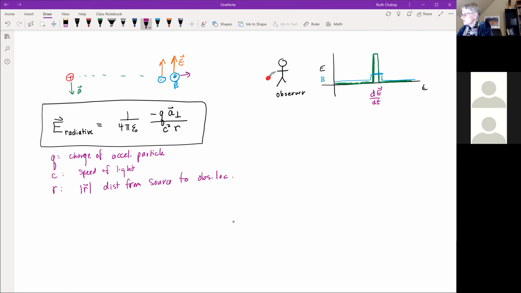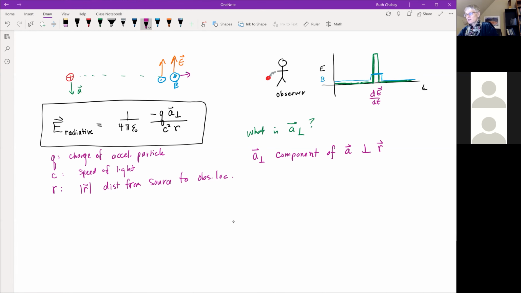So the only thing that's weird in this is this A perpendicular. So what is that? So what is A perpendicular? A perpendicular is the component of the acceleration that's perpendicular to the vector r.